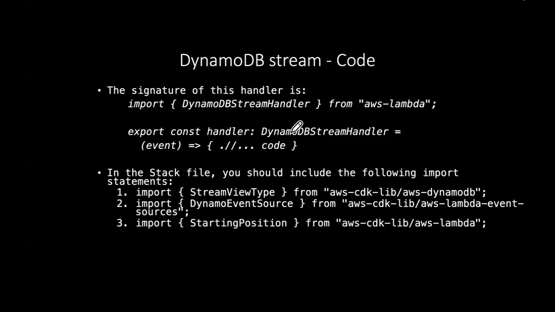I can't remember what the name of that handler was, but it had a name that reflected the fact that it was a handler for receiving events from API Gateway. In this case, the handler is of this type.